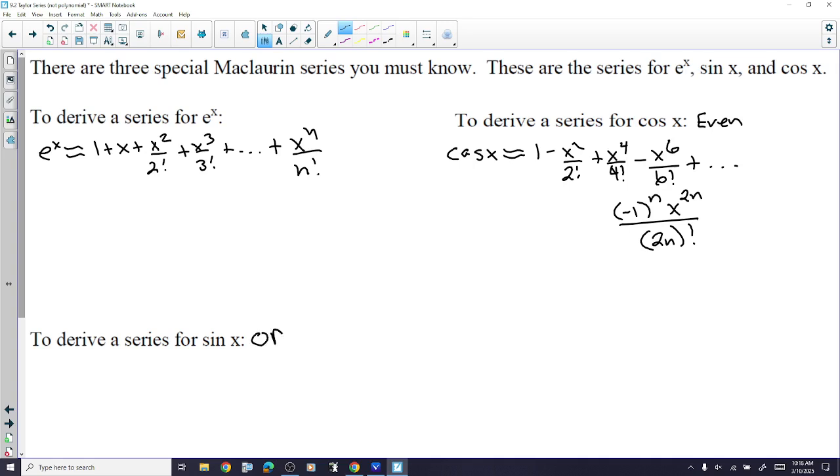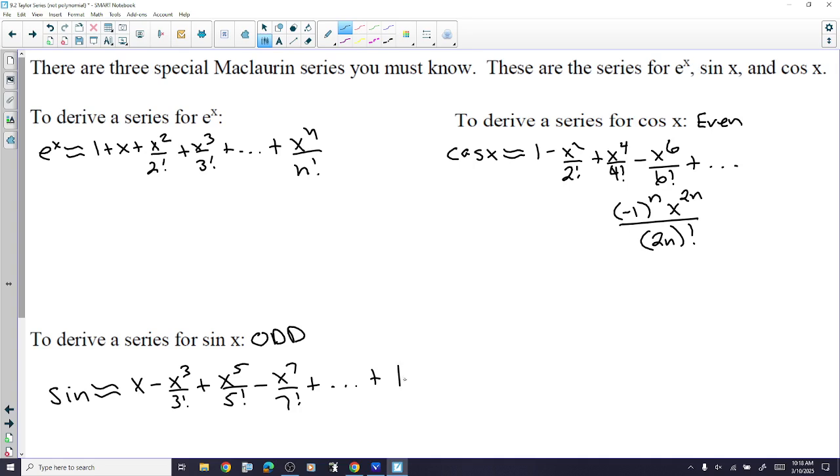Sine is odd. So sine is approximately equal to, I need odd powers: x minus x to the 3rd over 3 factorial plus x to the 5th over 5 factorial, minus x to the 7th over 7 factorial.